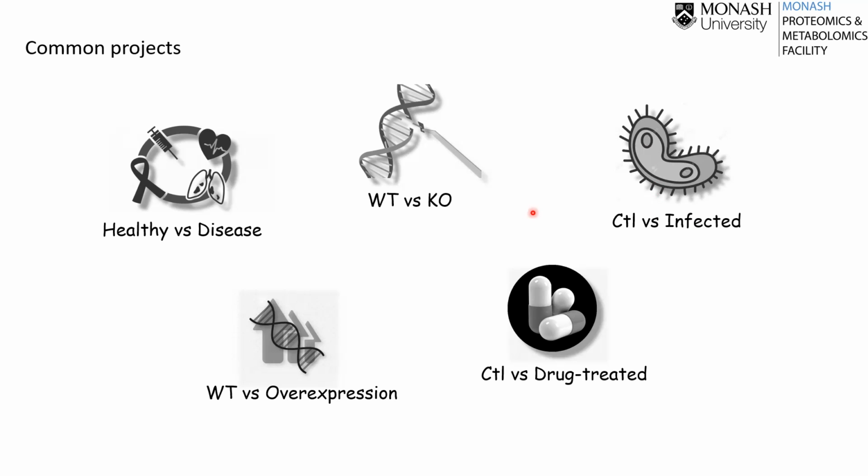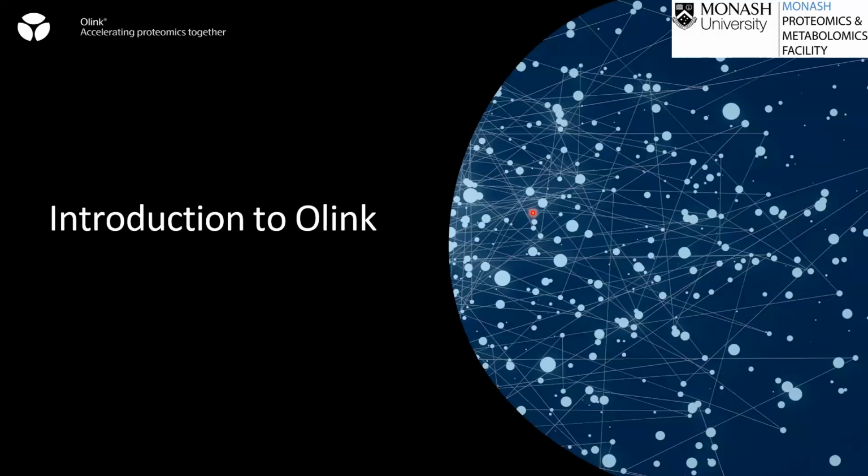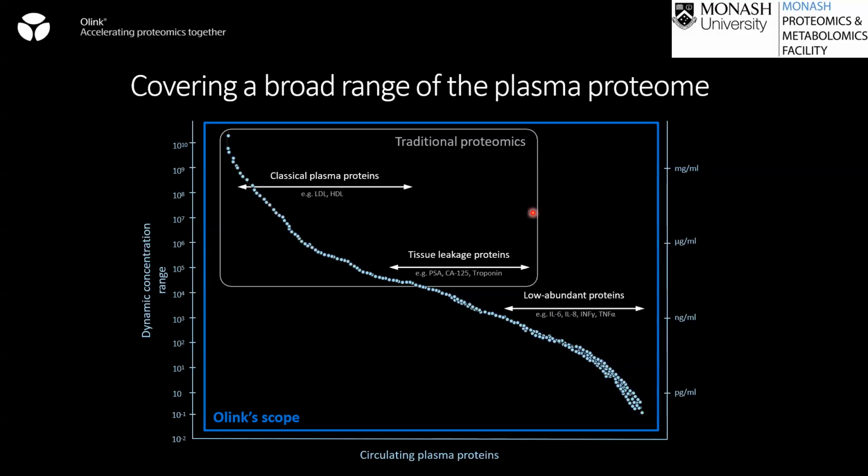So next, I'll spend maybe the next 5 minutes to speak about Olink. Before I explain what Olink is, I'll say why we need Olink. In general proteomics, and this slide takes plasma as an example, protein abundance is correlated with detection.